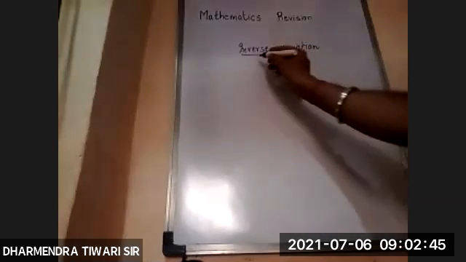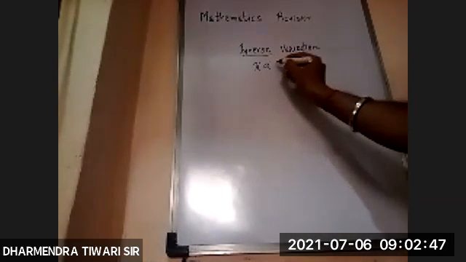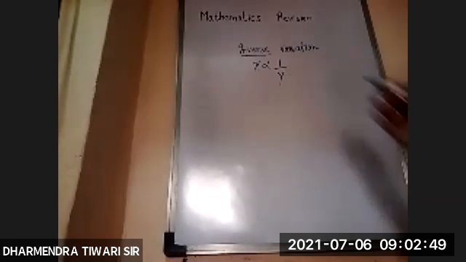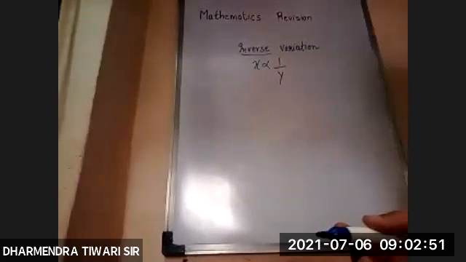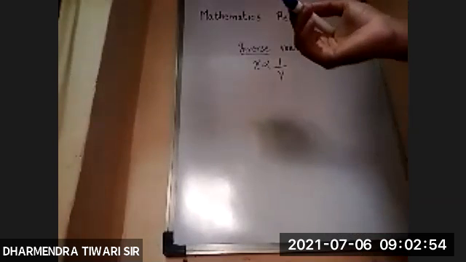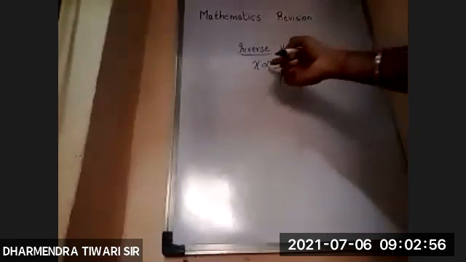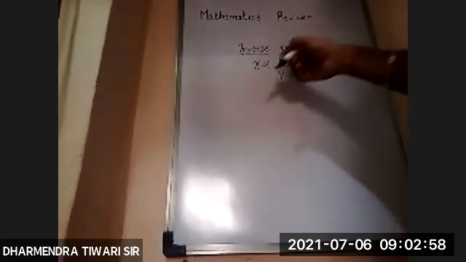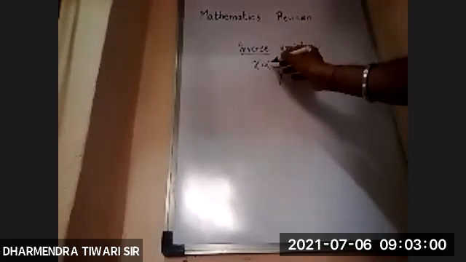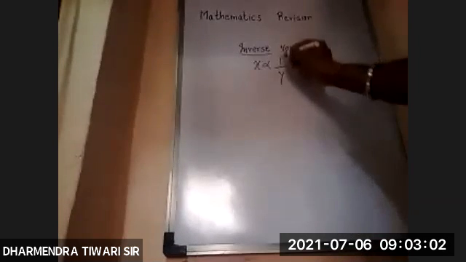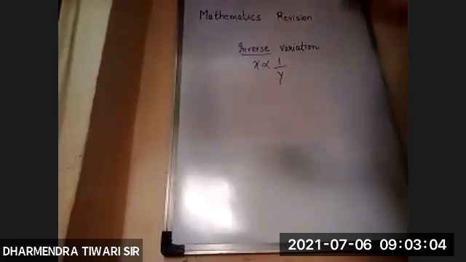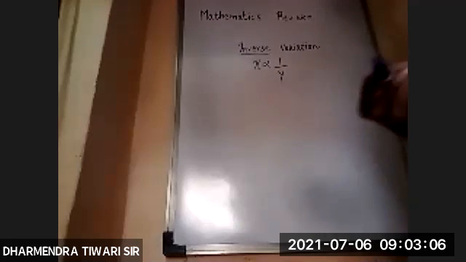In inverse variation, we have x inversely proportional to y, means the notation that I'm using is x alpha 1 upon y. Inversely means I'm writing y as 1 by y.